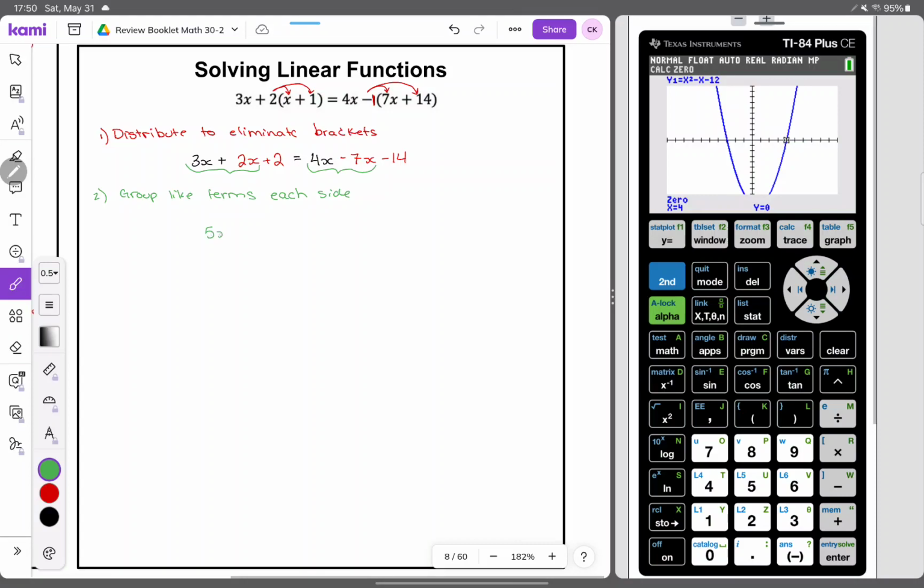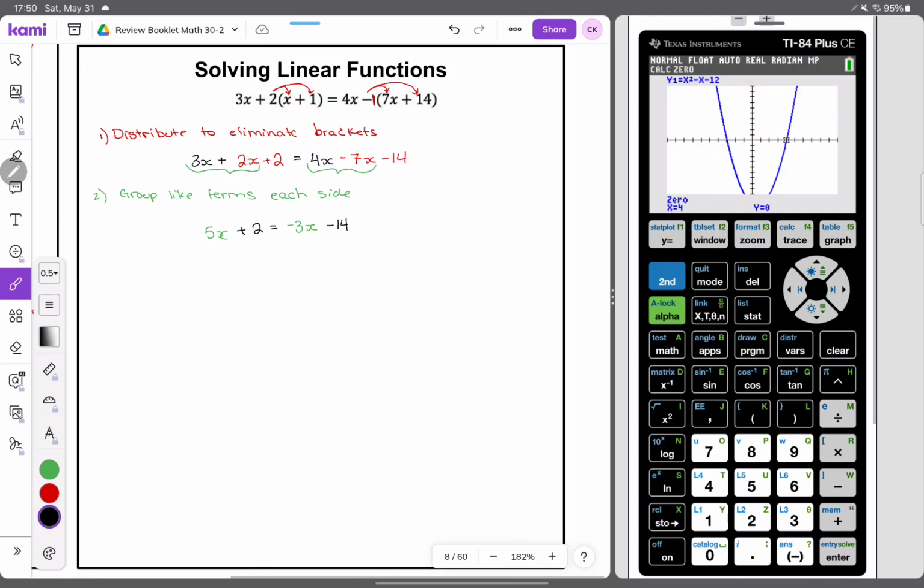So we're going to have 5x plus 2 equals -3x minus 14. All right.